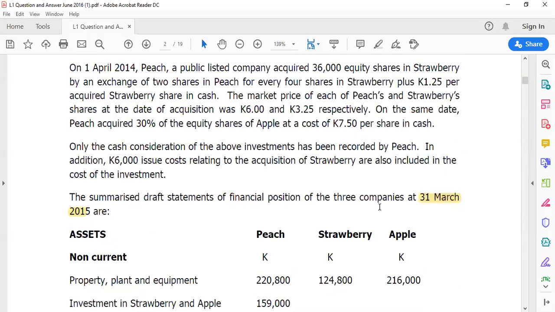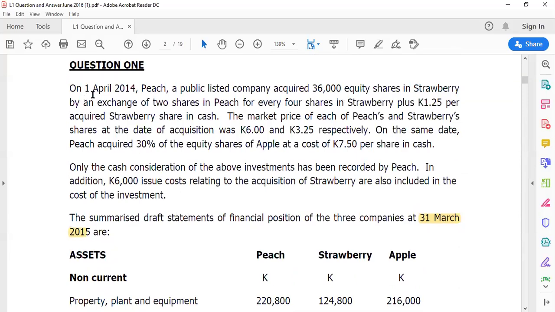This is key. From that now, check the date of acquisition to know the DIP involved. Remember, they are reporting at the 31st March 2015, but when are they acquiring? They are acquiring at the 1st of April 2014. So this is a full year. Have you seen?